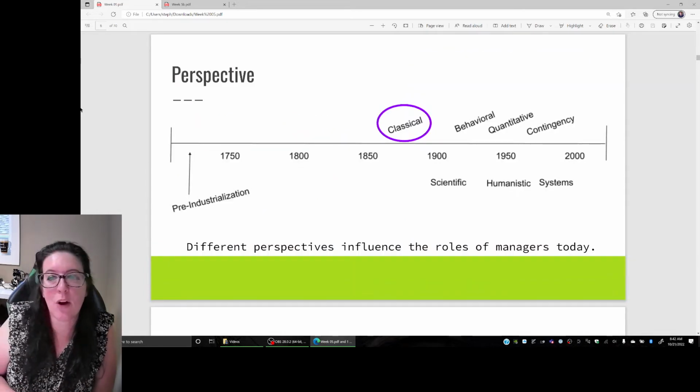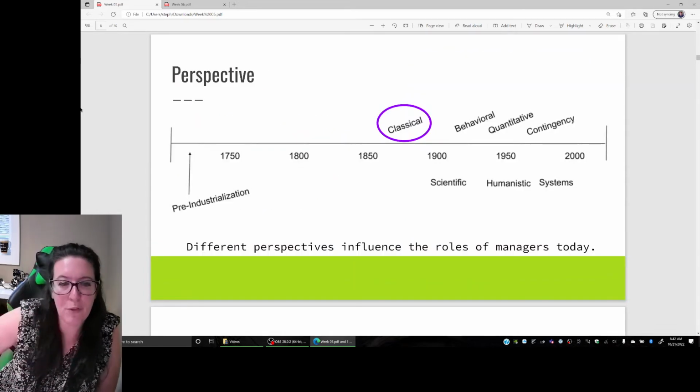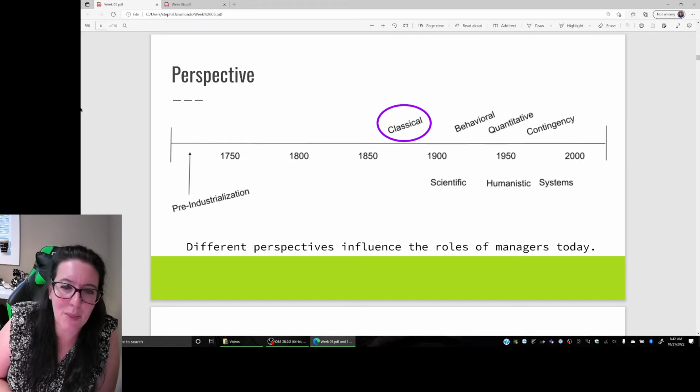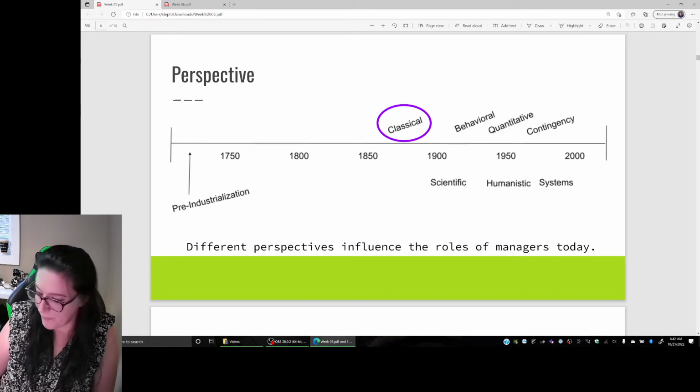Since we're focused here on production, we're going to move through time, looking at the evolution of management, and the focus during the classical period of management is really on production. How can we find the best way to make something so that we get the most bang for our buck?